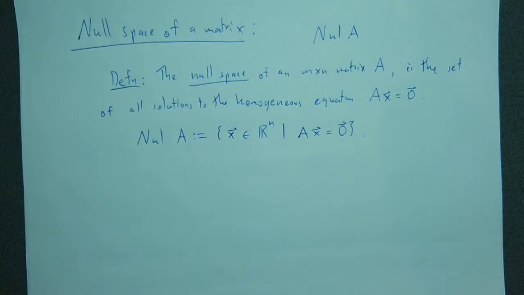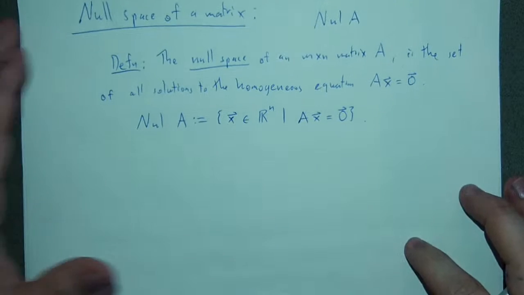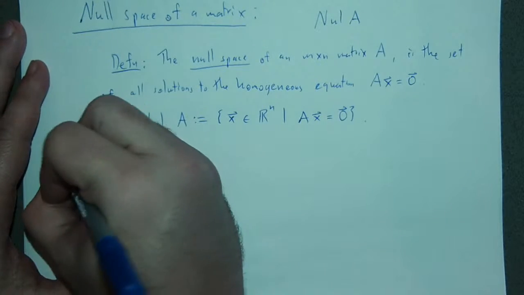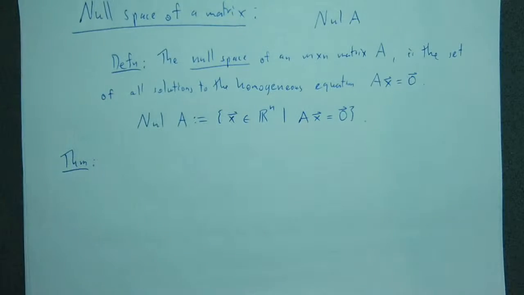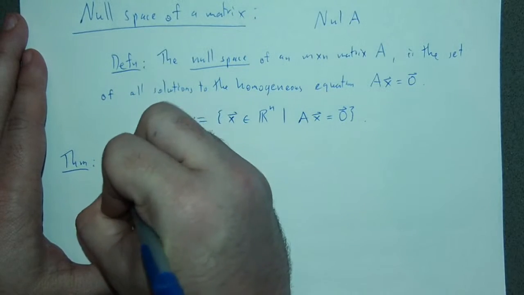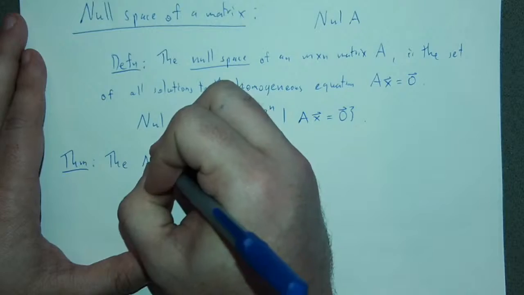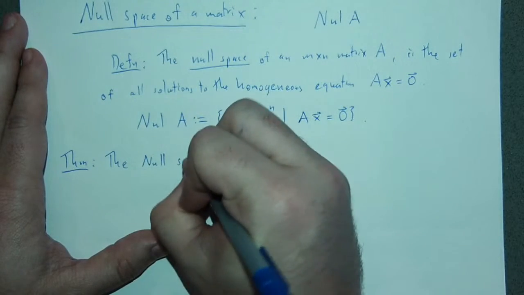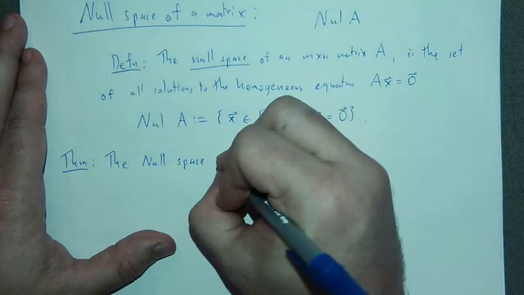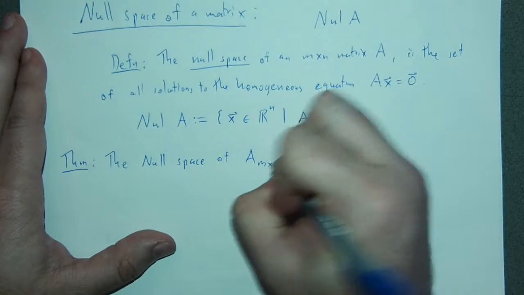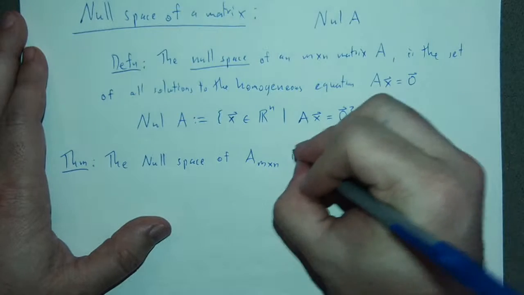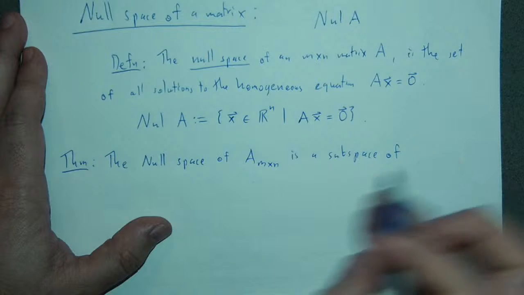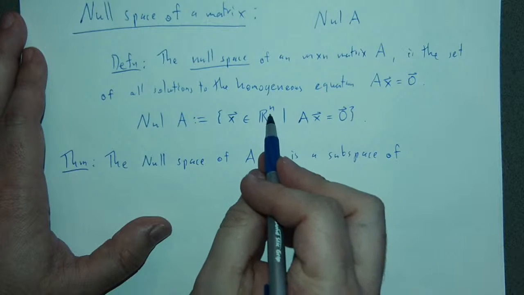So here are some facts about the null space. Before I've even computed anything here, here's the following theorem. There's a reason why we use the term space here. The null space of an M by N matrix A is a subspace of Rn.